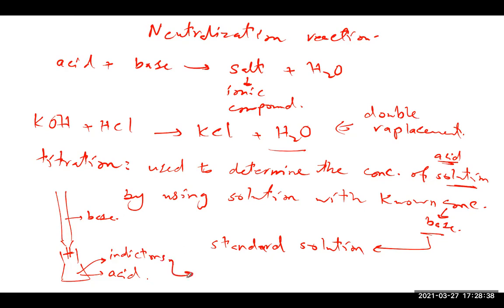By this indicator, we will reach something called the endpoint, and the endpoint is the point where the indicator changes its color. It means that the titration is ended and we need to stop adding more base.